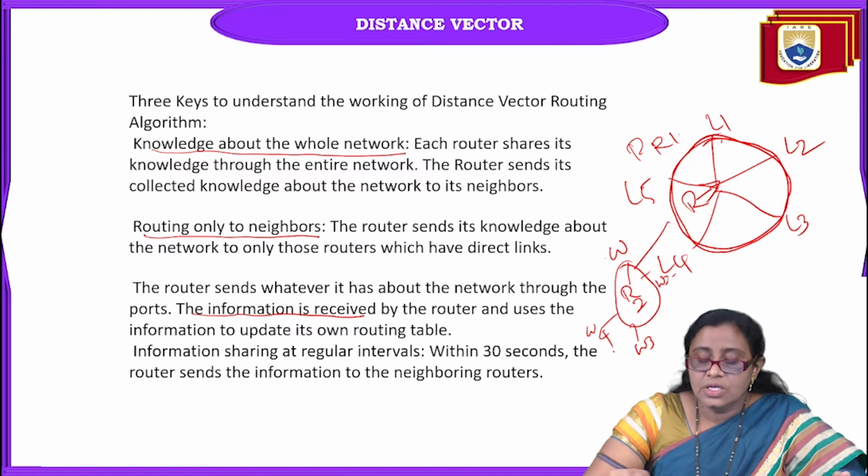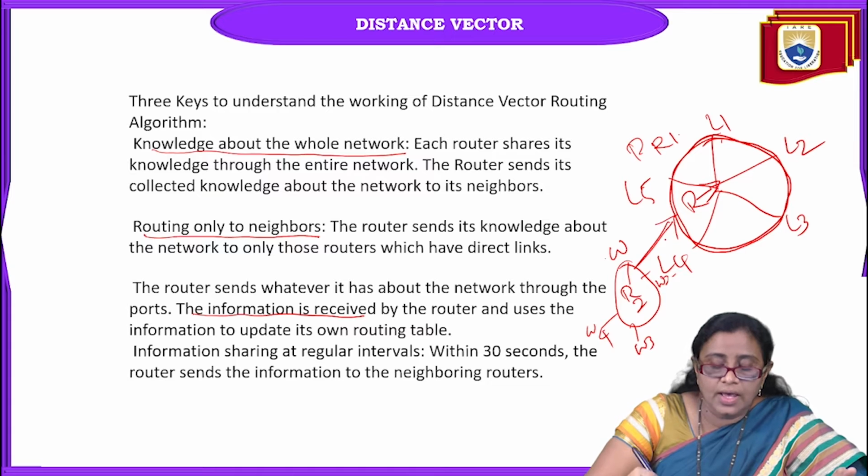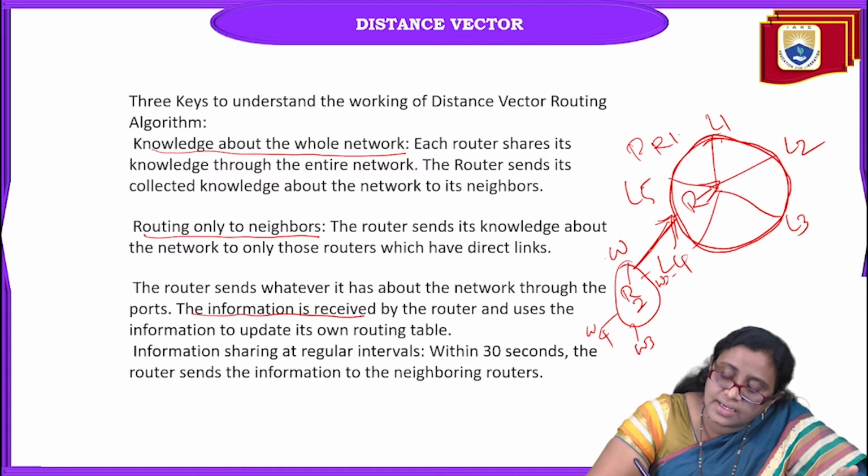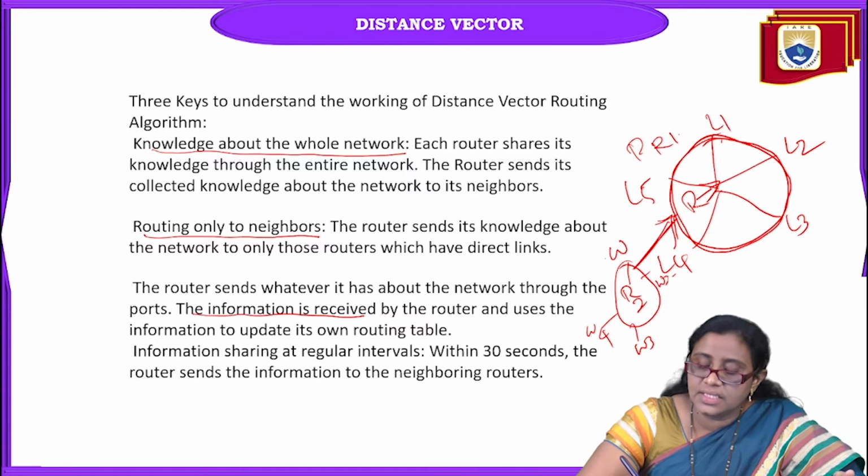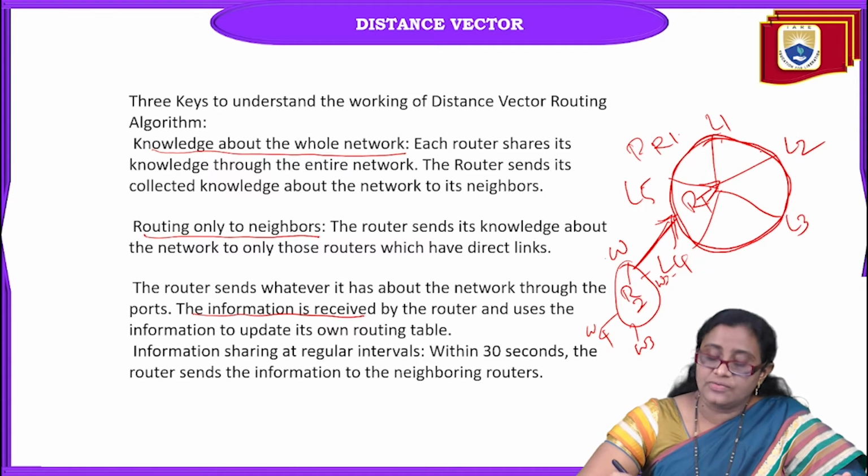Router 1 sends its knowledge of information about the network to the router with which it has a direct link. Router 1 is connected to all the LAN type network connections, and router 2 is connected to all the WAN connections.